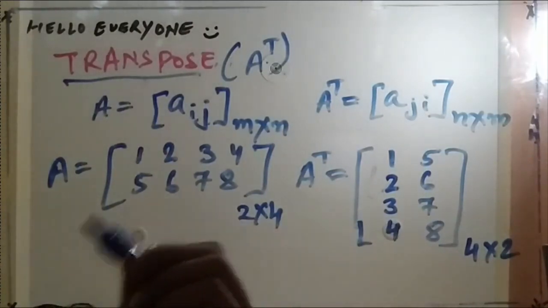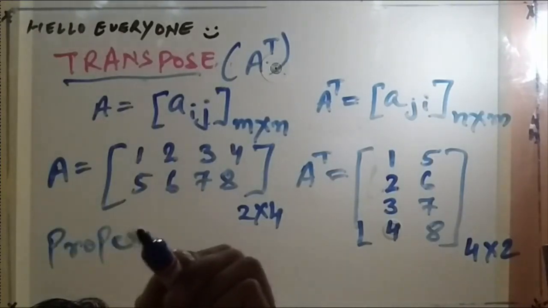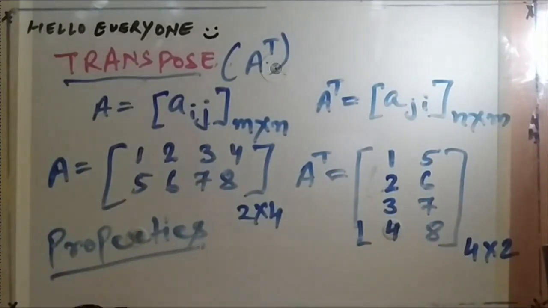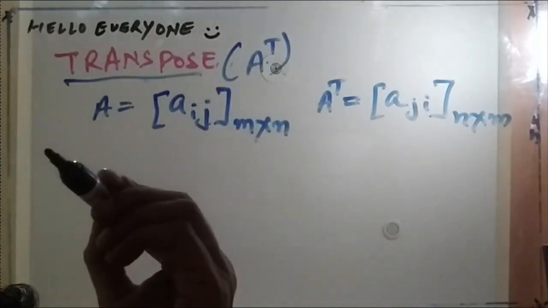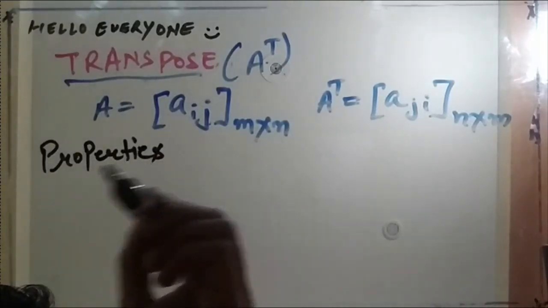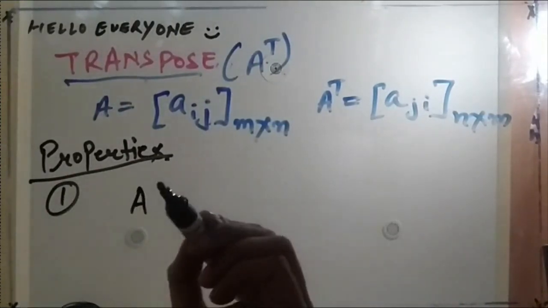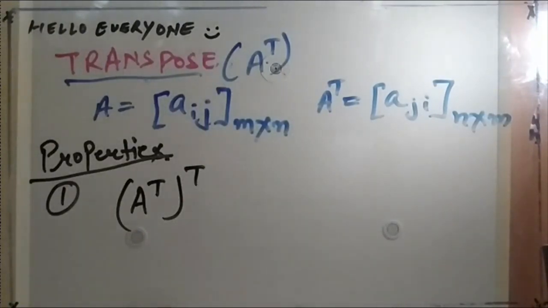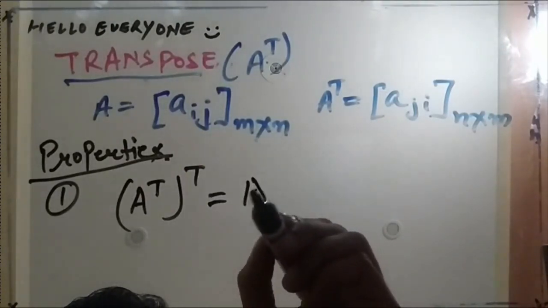Now we'll study the properties of transpose. First property is that the transpose of a transpose will give the original matrix.